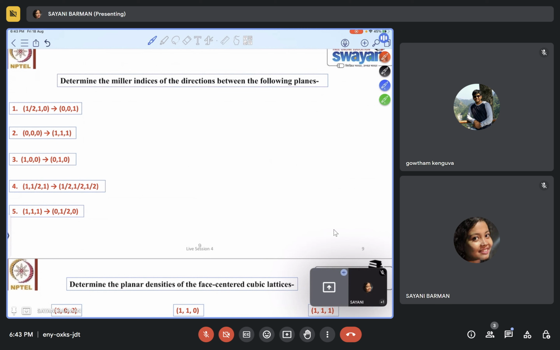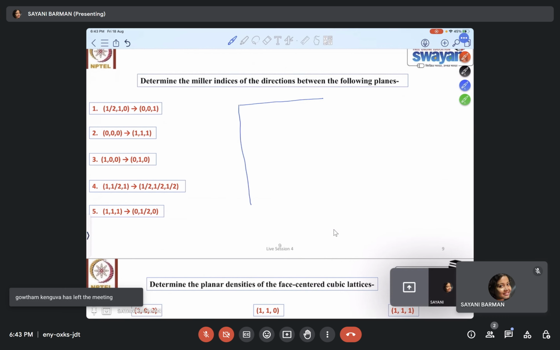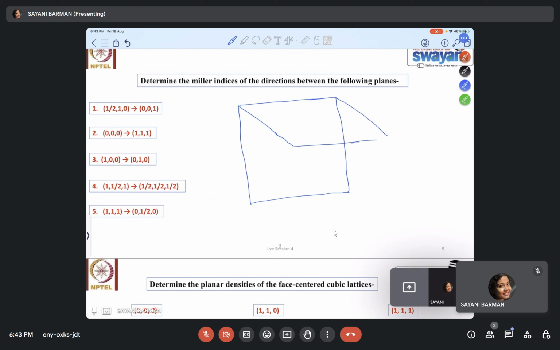We'll just draw one lattice, just one big lattice. So let's say this is our origin.